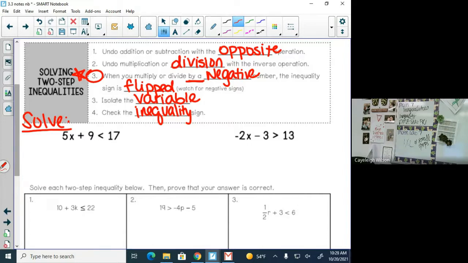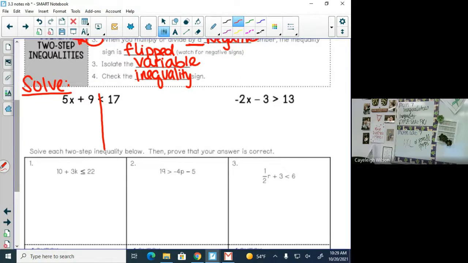All right, so looking at this first one here, I put my line down my inequality sign, just like if it was an equal sign. I'm still thinking the same thing here. So first thing I do is I undo the addition or the subtraction. So looking at the side that the x is on, do I have addition or subtraction? Addition. So I have a plus 9. Does everybody agree? So the opposite would be to subtract 9.